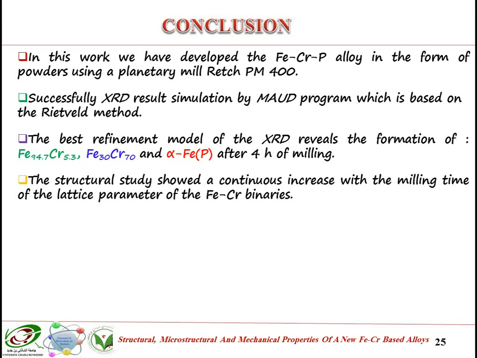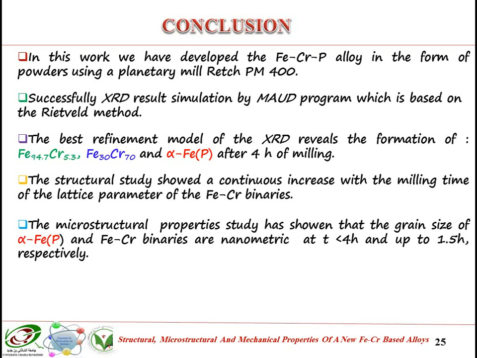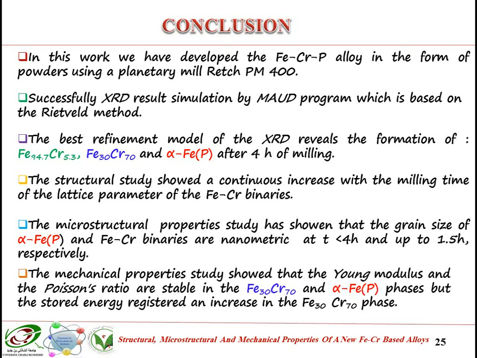The structural study showed a continuous increase with the milling time of the lattice parameter of the iron chromium binaries. The microstructural properties study has shown that the grain size of alpha iron P and the iron chromium binaries are nanometric at less than 4 hours and up to 1.5 hours respectively.